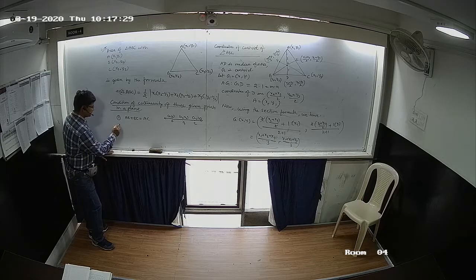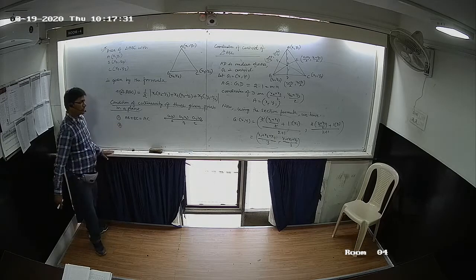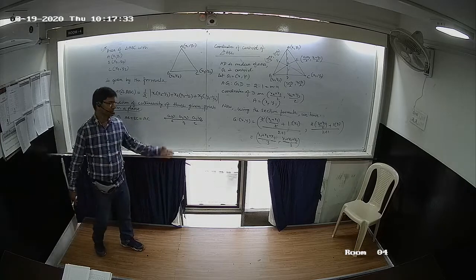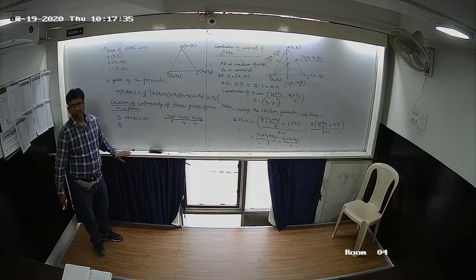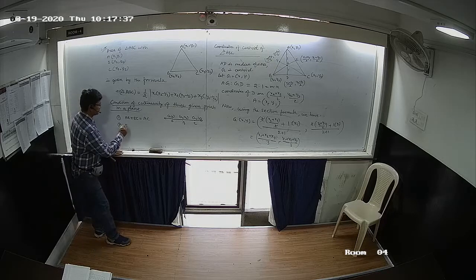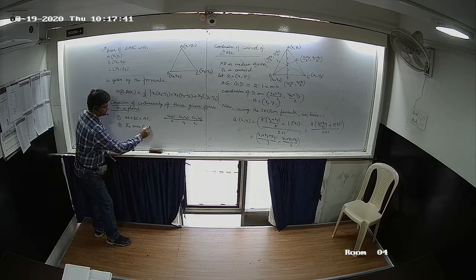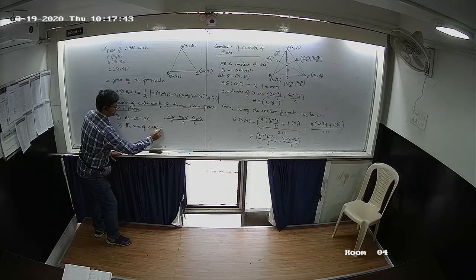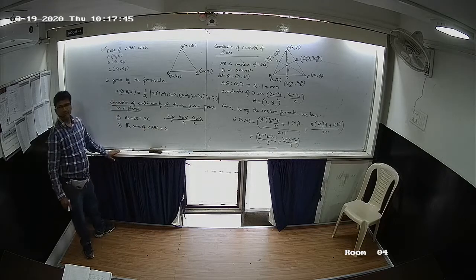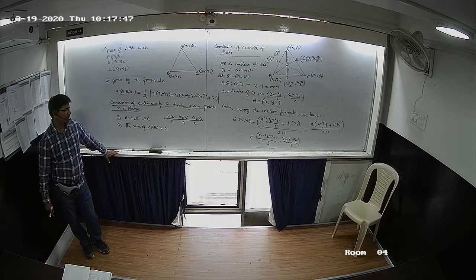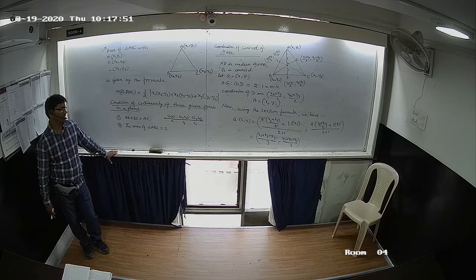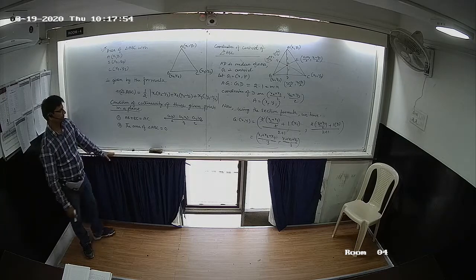Secondly, if the points are collinear, the area of the triangle formed by them will be 0. The area of the triangle formed by the vertices A, B and C will be equal to 0.